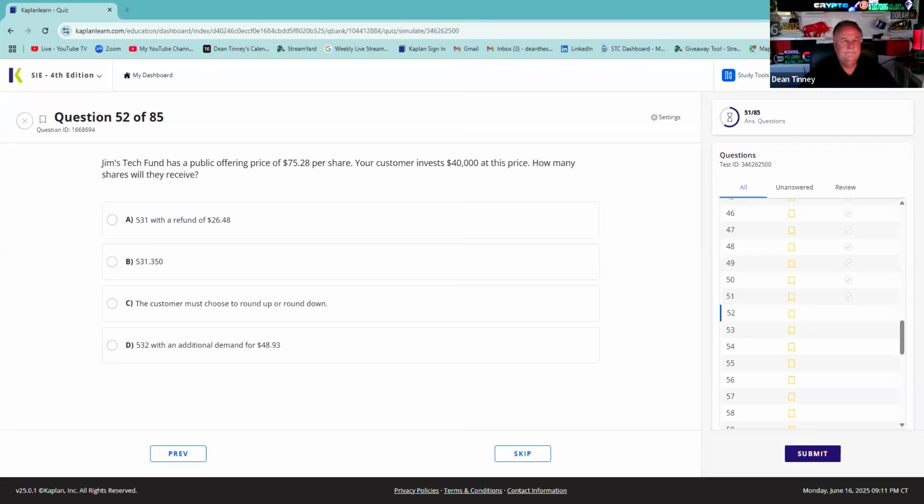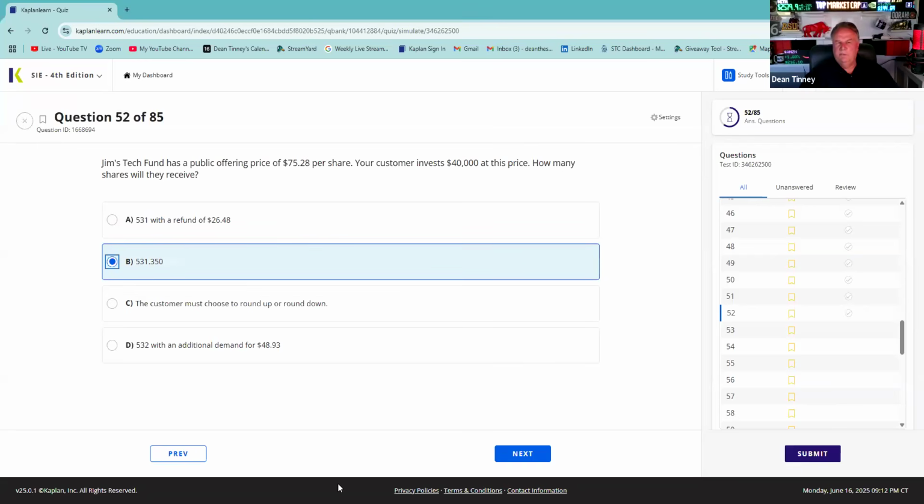That's exactly right. That gives 531.34, so round to 531.35. What this is testing is that with mutual funds you can get fractional shares. In stocks, you don't typically get fractional shares.